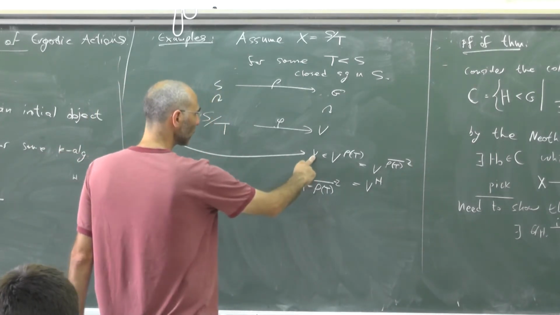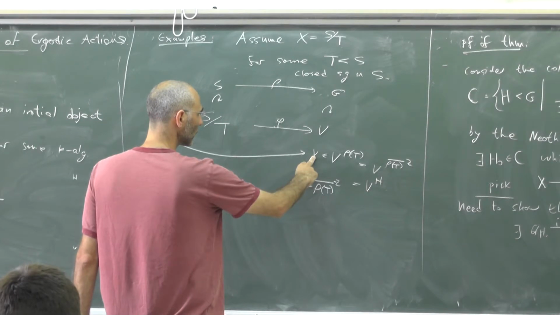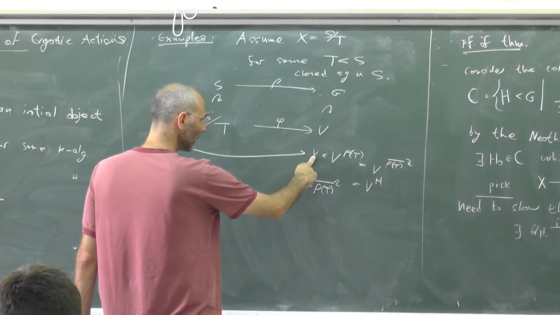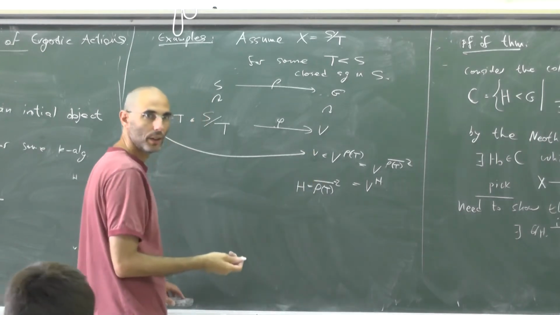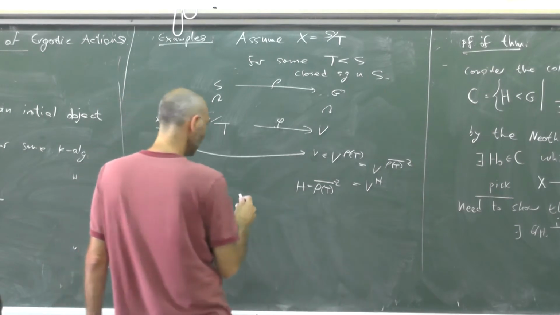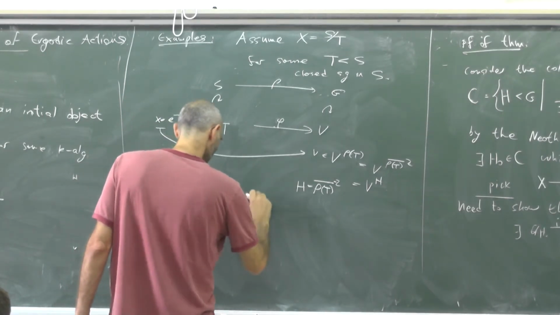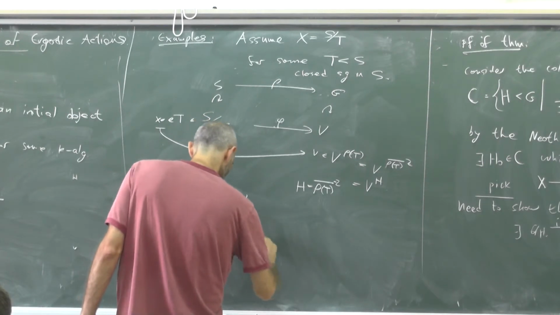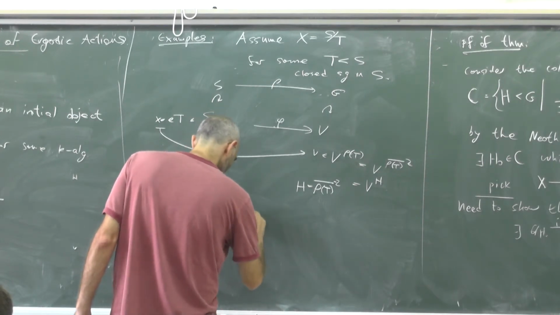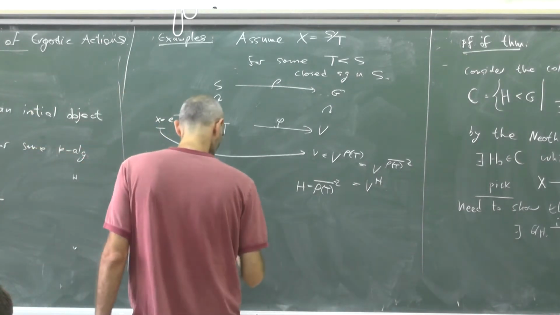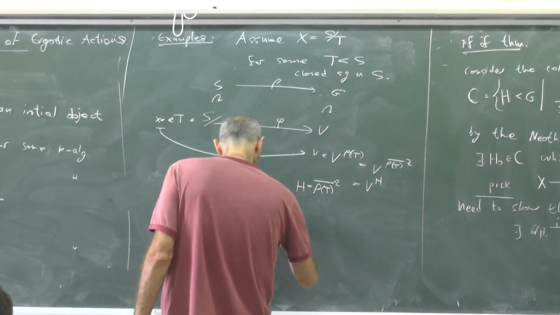So to say that V is H fixed is basically to say that there is a map S mod T to V that actually factors. This is G H here goes to G B.